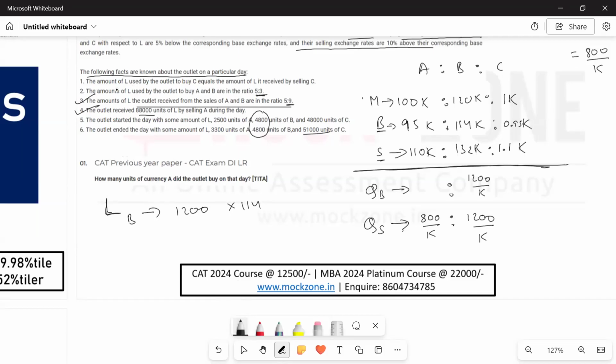And we know that the amount of L used by the outlet to buy A and B are in the ratio 5:3. So the amount of L used to buy A divided by the amount of L used to buy B, which is 1,200 into 114, equals 5/3.